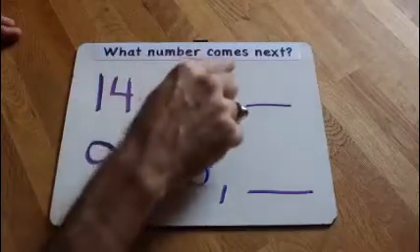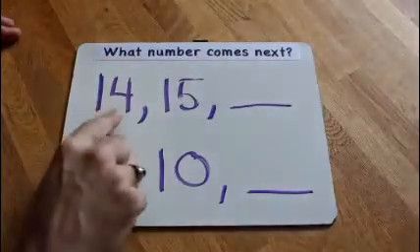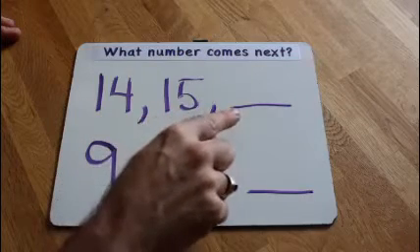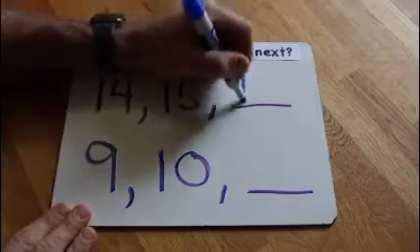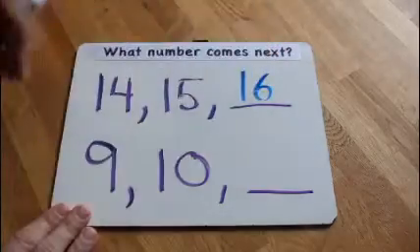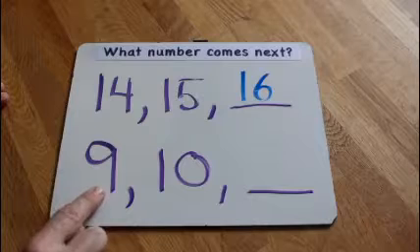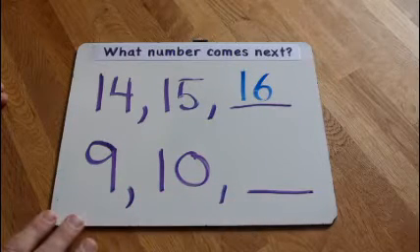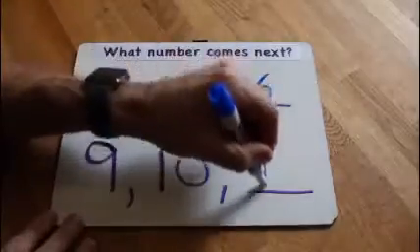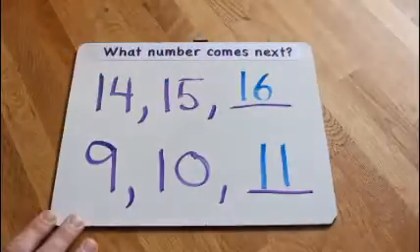What number comes next? 14, 15. How do I write a 16? A 1 for the 10, a 6 for the ones. 9, 10. How do I write an 11? A 1 for the 10, a 1 for the ones.